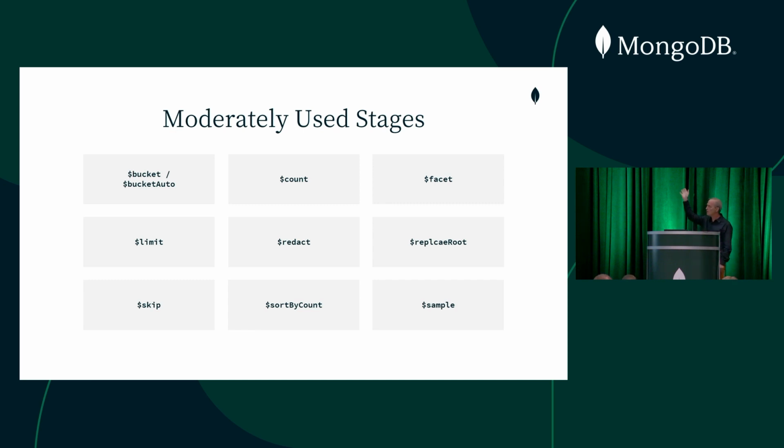Facet and bucket have some relationships. $redact, $sample for data science to get statistical sampling from a collection. $skip and $limit pairs are used for paging. So that's another kind of fit and finish, another thing for the end.